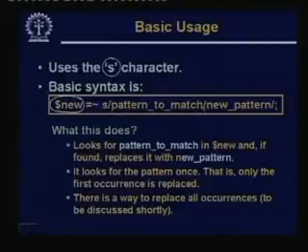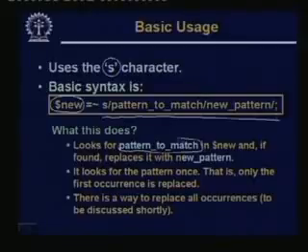I have just written it like this, but here actually the pattern will appear in the form of a regular expression. Again a slash, then the new pattern. Here again you can specify this as a regular expression, then a closing slash. What this will do is look for the specified pattern in the given string on the left hand side, and if it is found, it will replace it with the new pattern mentioned here.